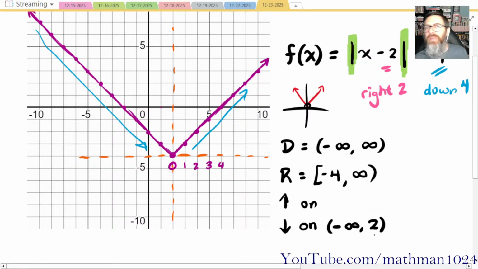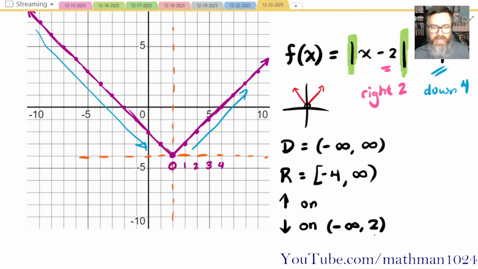So the thing that I think messes with a lot of students here is they think increasing and decreasing is like a y perspective thing. And in some sense it is. But we're trying to determine the range of x values for which as x gets bigger, y gets bigger or y gets smaller.